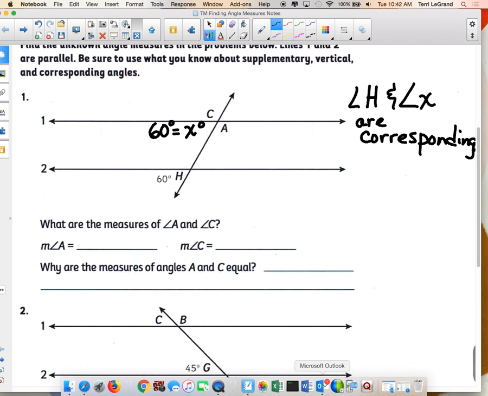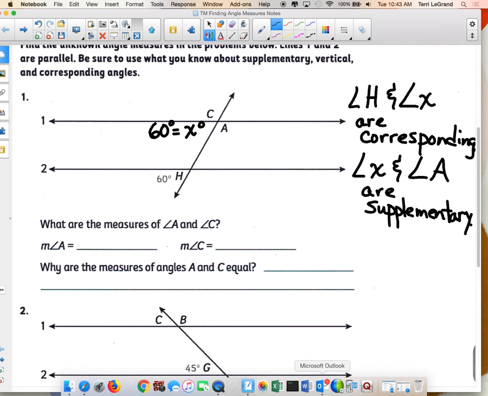Okay, so Caden is saying, let's go over here and put that angle little x and angle A are supplementary.